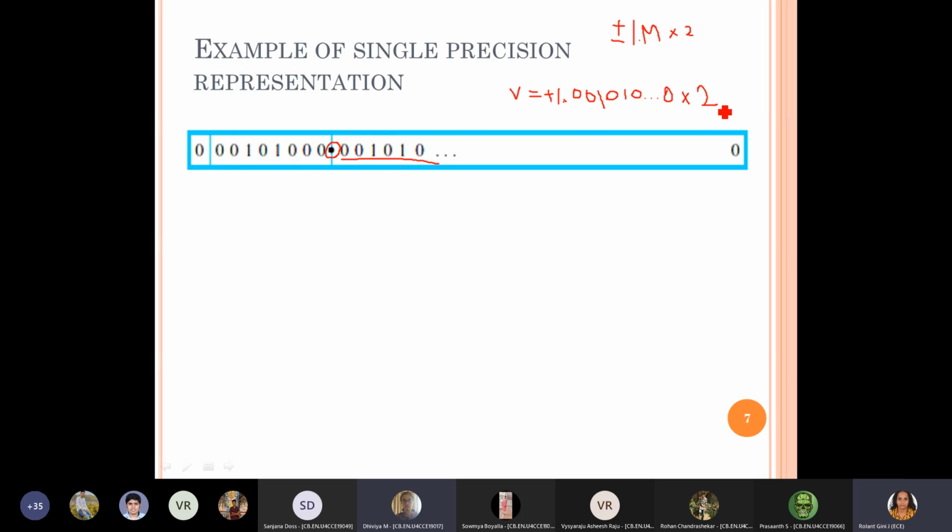Whatever is here, the excess 127 representation, you find the decimal equivalent of this, and that's supposed to be subtracted from minus 127 to bring it into E. This is E dash, but what we require here is E. So to find out the value of E from E dash, you have to subtract 127.